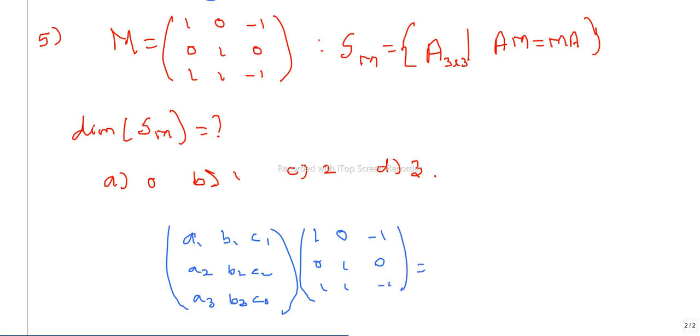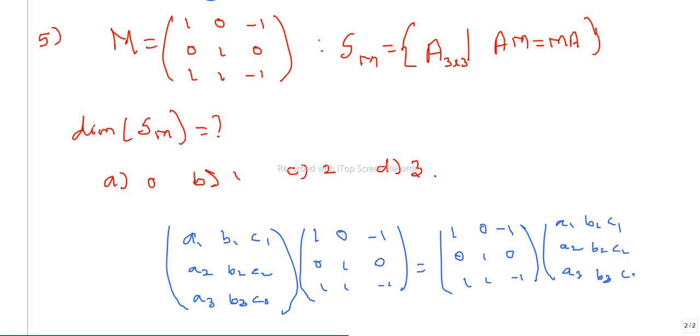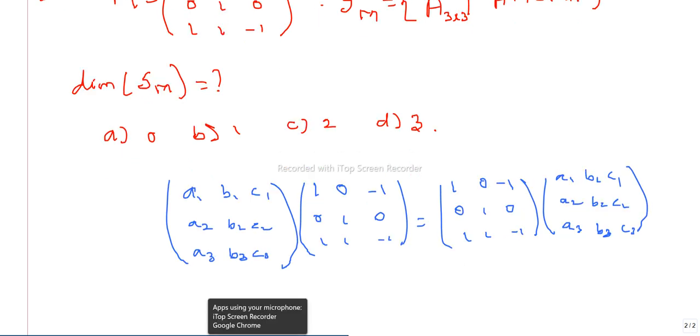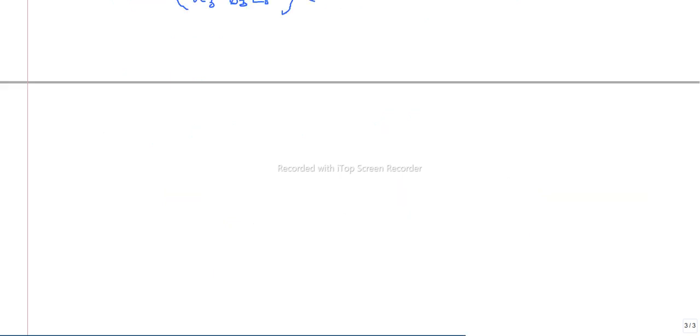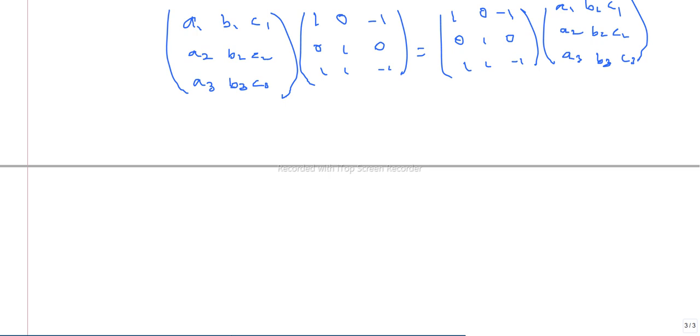Here in total we have 9 unknowns in the matrix A, so you have to reduce the unknowns.